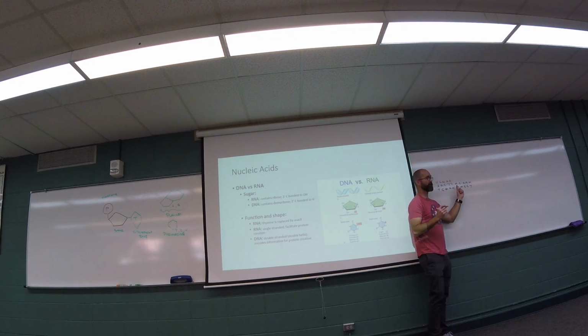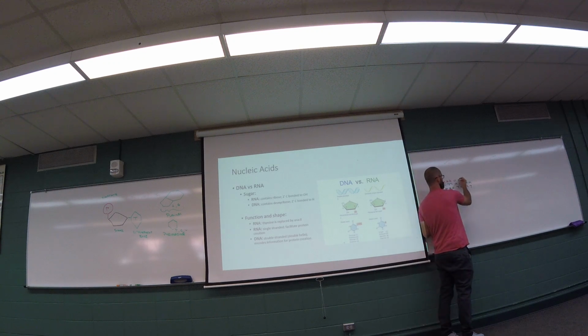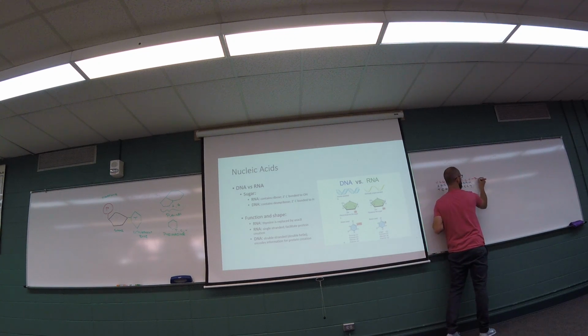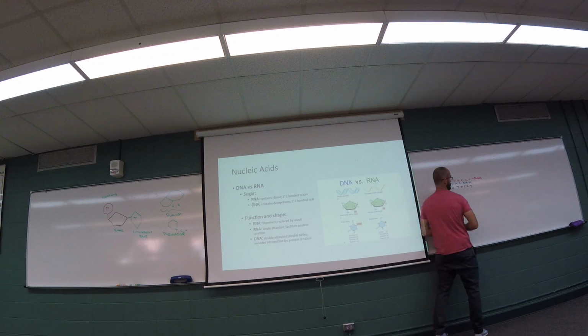But again here, we're replacing our thymine with the uracil, so that would be U, G, C, C. So this is an RNA complement, and this is a DNA complement.